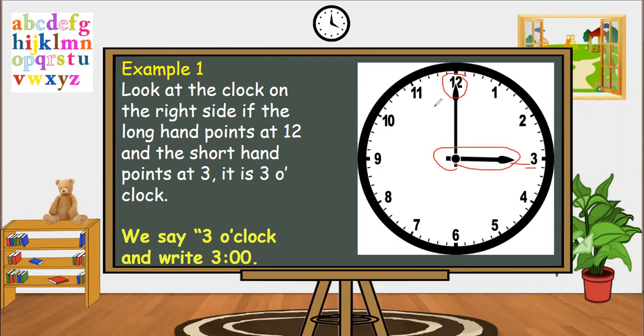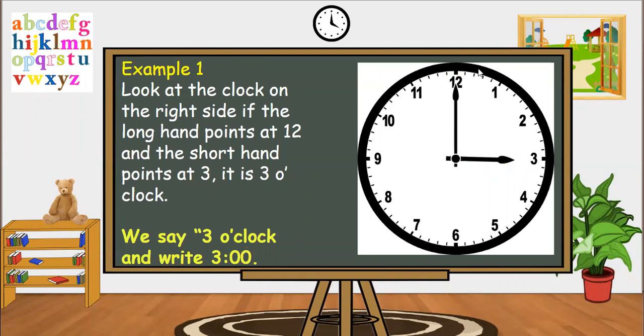We're not going to say 3 and 60 minutes. No. We can say 3 and 00. If the minute hand points at 12, it means 00. So we can say 3 o'clock and write it like this: 3, colon, 00. Okay, is everything clear now?